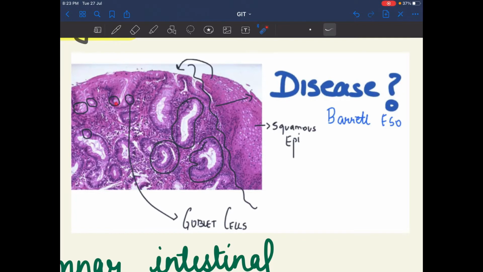These white particles are the goblet cells. They contain mucin, and the stain for mucin is Alcian blue stain. Please remember this. So this is a microscopic image of Barrett esophagus.